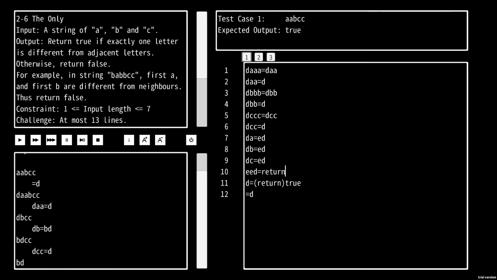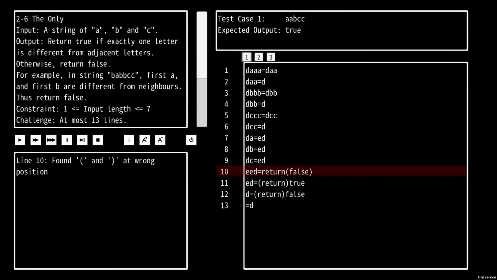EED equals return false. But then nothing also equals return false. Okay, there we go. Dang it. Oh, whoops. What am I doing there? What the heck was that?